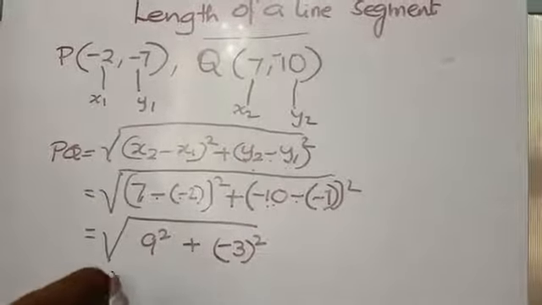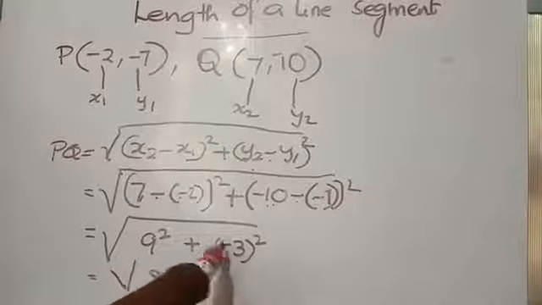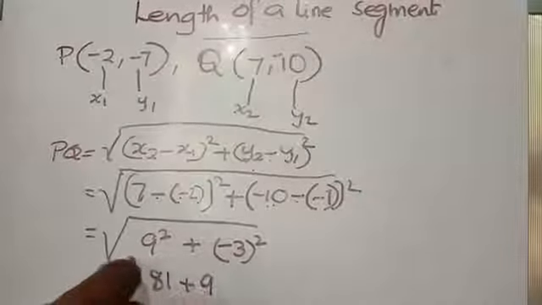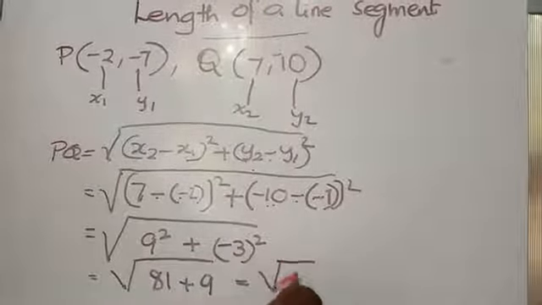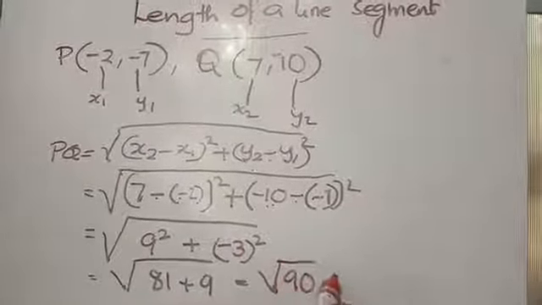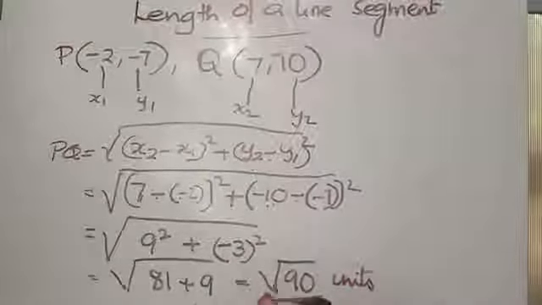That's equal to square root of 81 plus minus 3 squared is 9. So we get it as square root of 90 units as the answer.